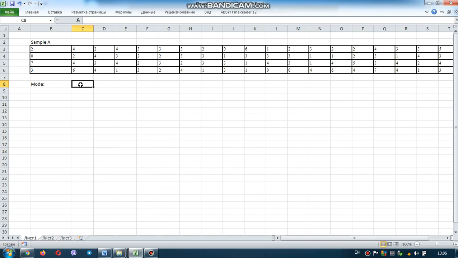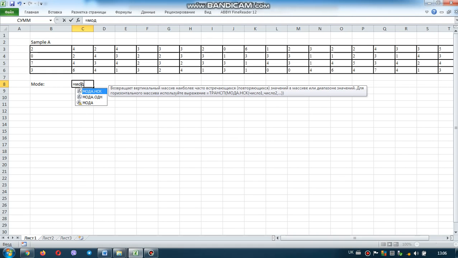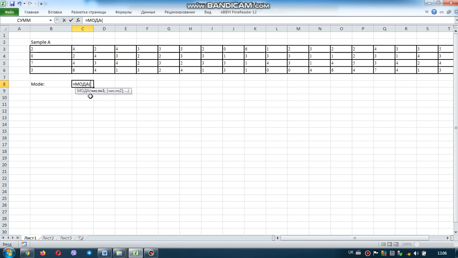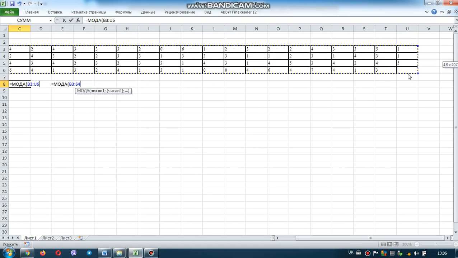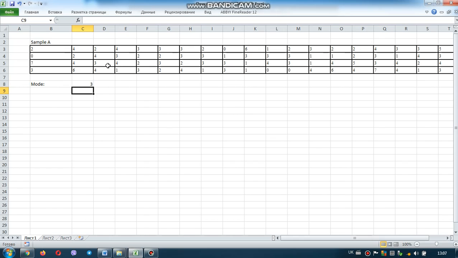First of all, we have to calculate the model value for the sample A. In this case, function model is applied. So we have obtained the value, frequency of which is the highest, and median.